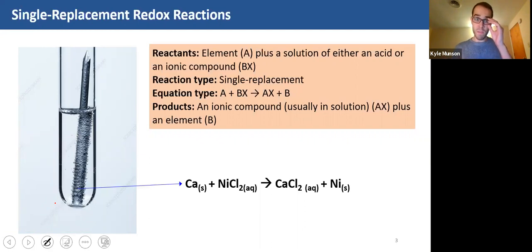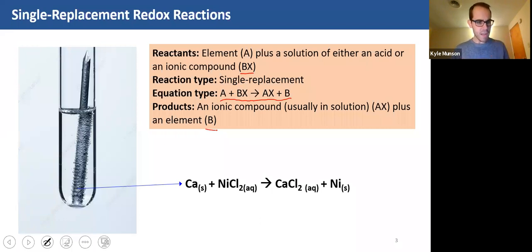You have this general equation type for a single replacement reaction, where some element A plus a solution of either an acid or an ionic compound represented by BX reacts. You're going to get an ionic compound, usually in solution, meaning aqueous, AX here, plus the element B, kicked out of where it was bonded before in this ionic compound.